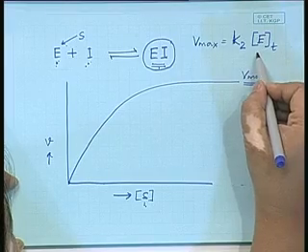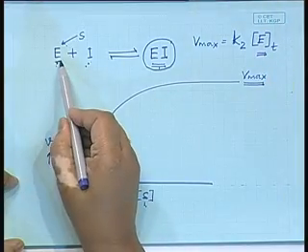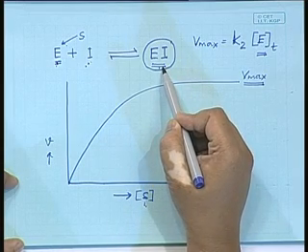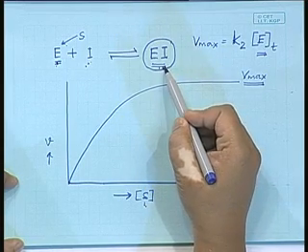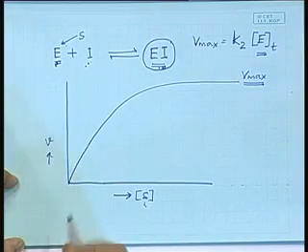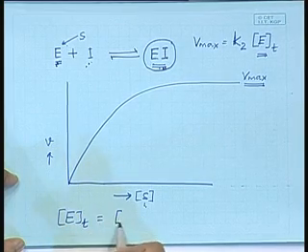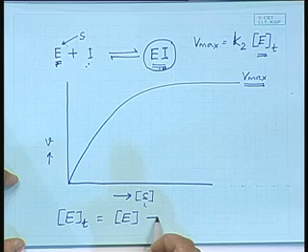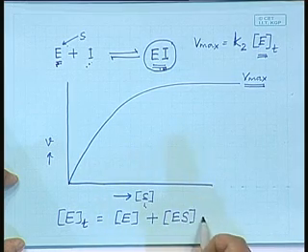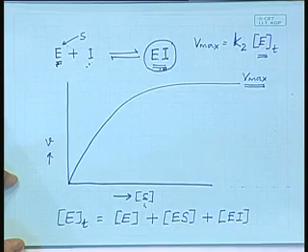Now, if my total enzyme concentration is fixed, then part of this enzyme may have formed an enzyme inhibitor complex, but that enzyme inhibitor complex can also dissociate to form back E. So, the total enzyme actually now is the free enzyme plus enzyme substrate complex plus enzyme inhibitor complex, right.